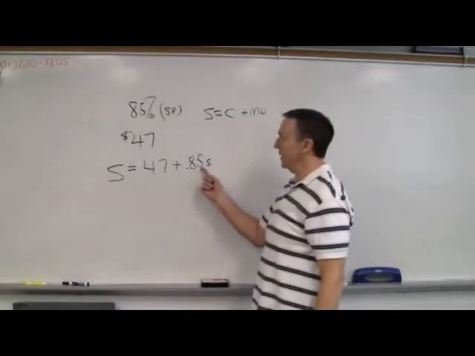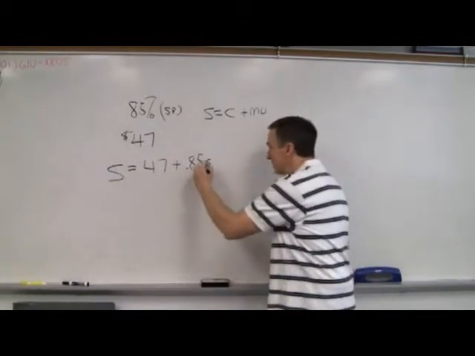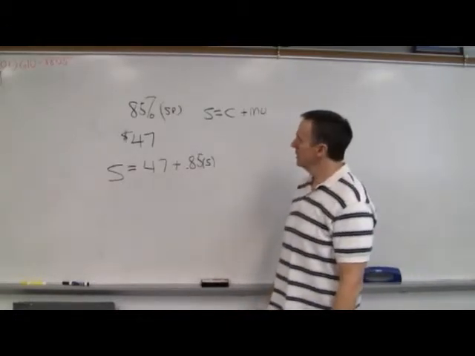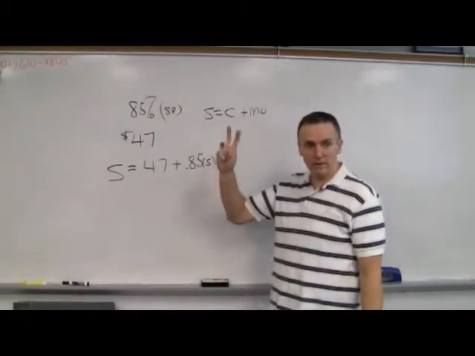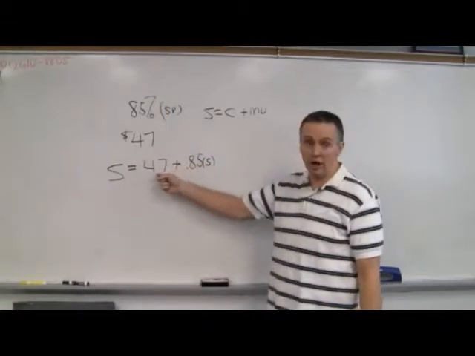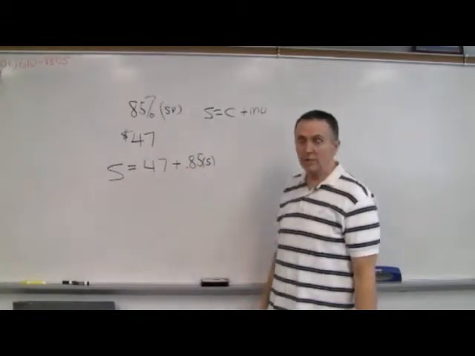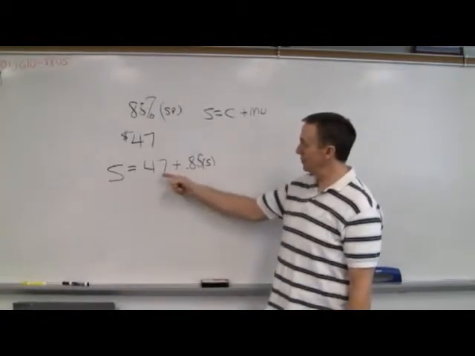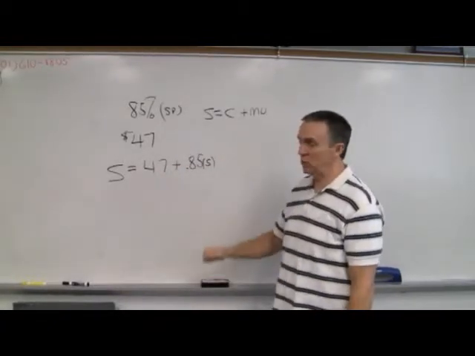The markup is 85% of S. I remember there are two ways to mark things up, based on selling price or based on cost. If I was going to mark it up 85% of cost, then I would just multiply 0.85 by 47. How does this work out to be?